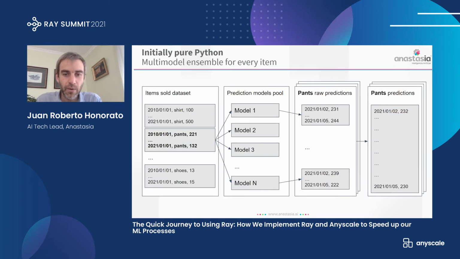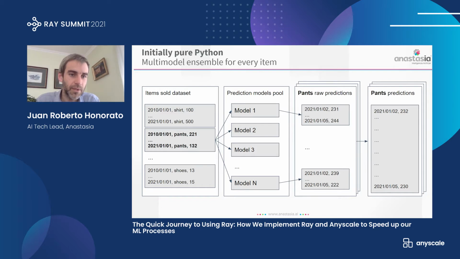So we can look at it in this diagram. We first start with a dataset from the customer. In this sense, the dataset consists of at least 3 columns. We have a set of items. In this case, the shirt, pants, and shoes are shown.